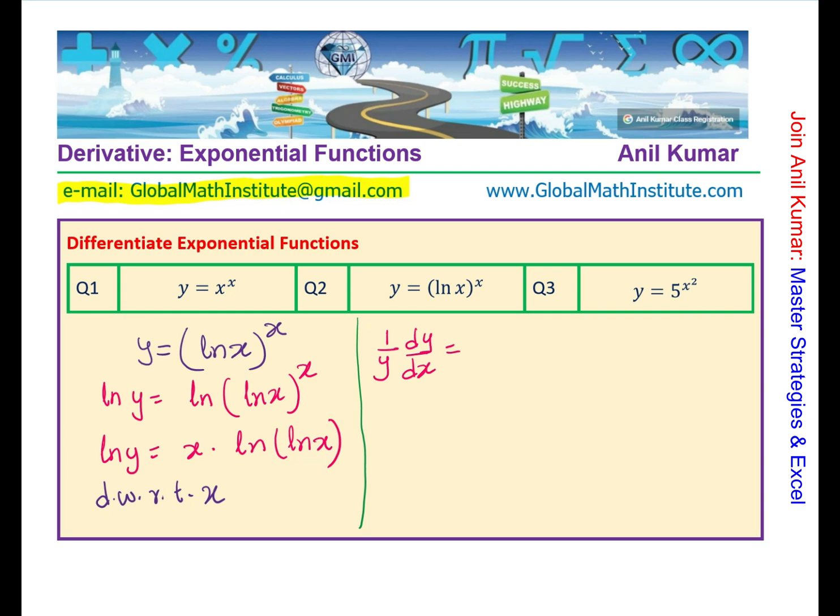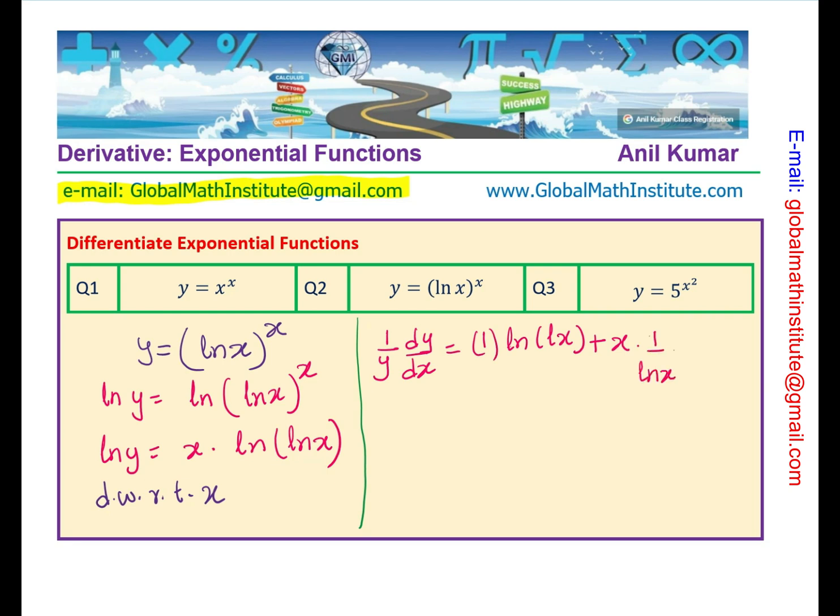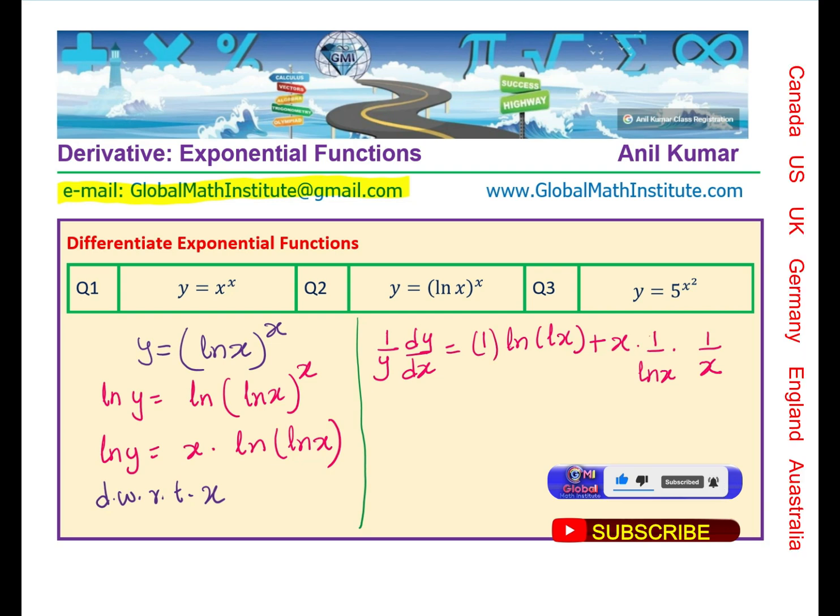So basically the derivative of x, which is 1, times the function which is ln x, plus x times derivative of ln x. Now derivative of ln x will be 1 over ln x times derivative of ln x, which is also 1 over x. You get the idea. So we applied the product rule and got the derivative of the right hand side also.